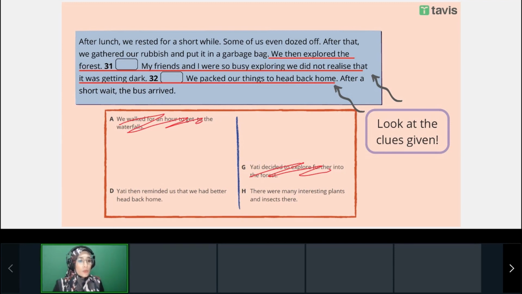This one is most suitable to the after exploration, because the next sentence says, my friends and I were so busy exploring, we did not realize that it was getting dark.